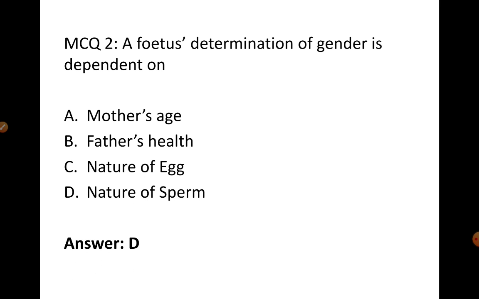Now here the answer is the nature of the sperm. Here you should understand, a fetus refers to the fetus of man. So in case of man, the gender of the fetus mainly depends on the kind of sperm that is fertilizing. So the answer is the nature of the sperm.